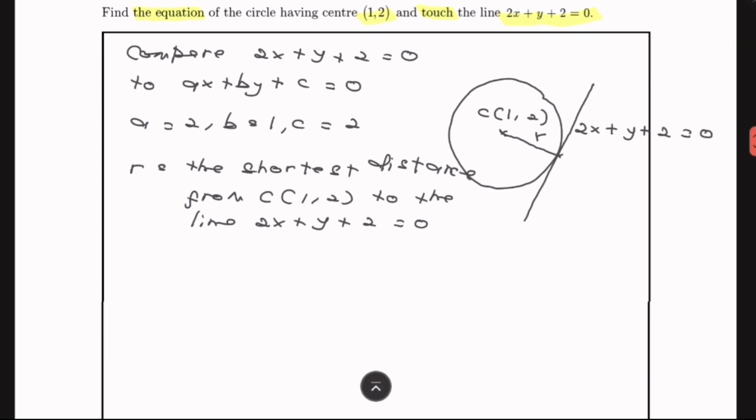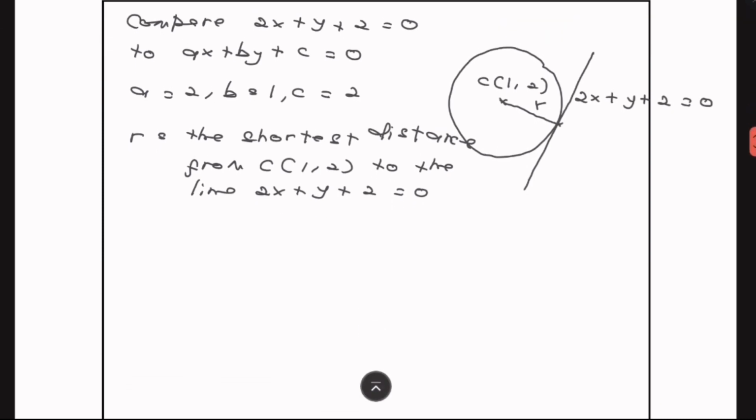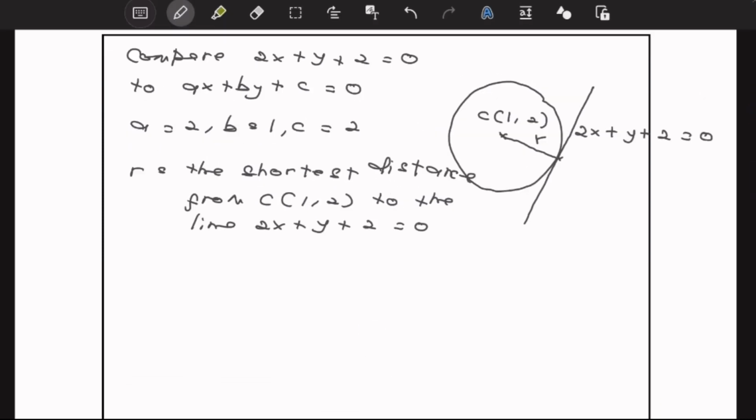So it means we will use the formula for shortest distance, which is r = |Ah + Bk + C| divided by the square root of A squared plus B squared.